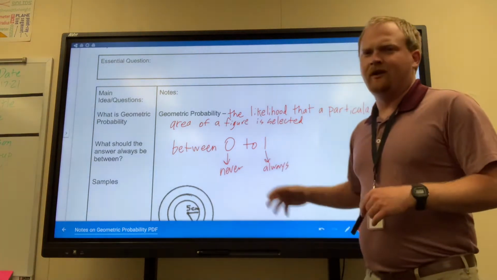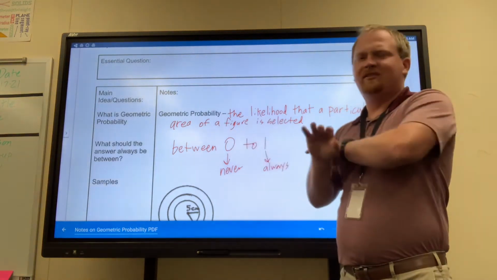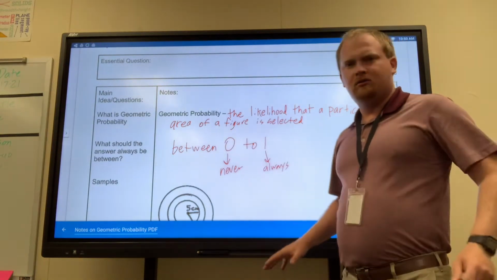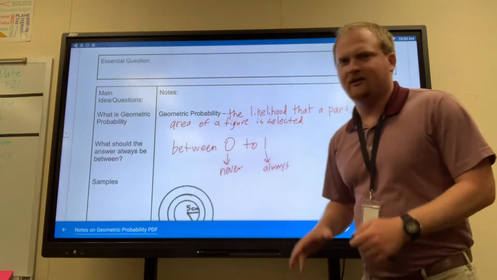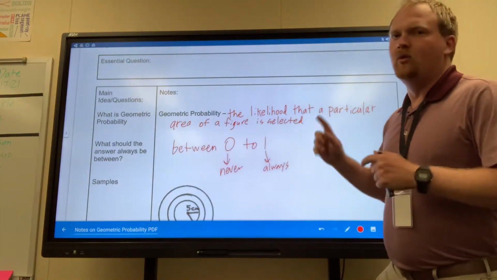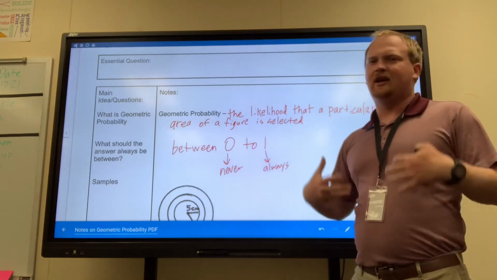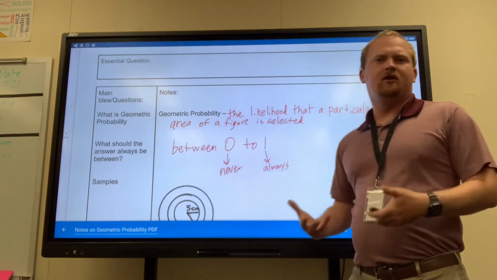If there's a 0 chance, that means it's never going to happen. There's not an opportunity. Do not even bother trying. That's what 0 represents. 1 means it's always going to happen, always going to be the case, always going to work out.